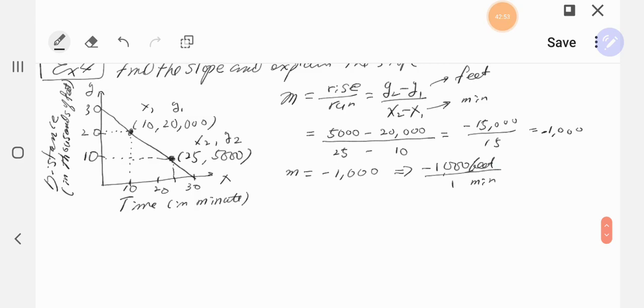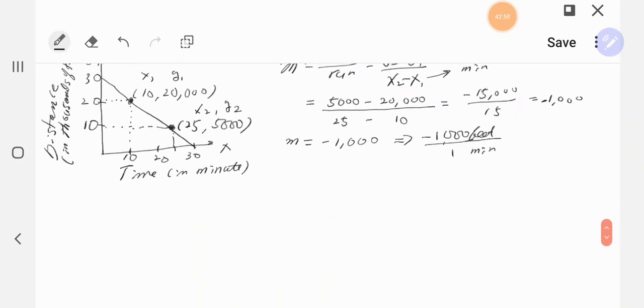Make sense? So the meaning of the slope is the average rate of change of the height to the minute is 1,000 feet down.